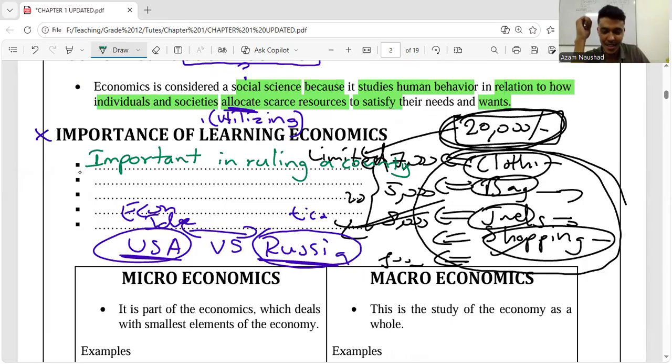Second one, write down: important in understanding the economic process.